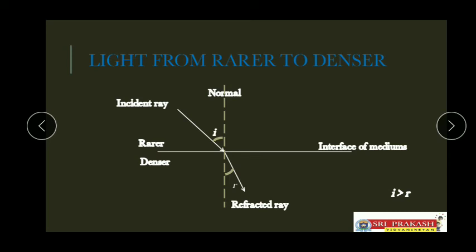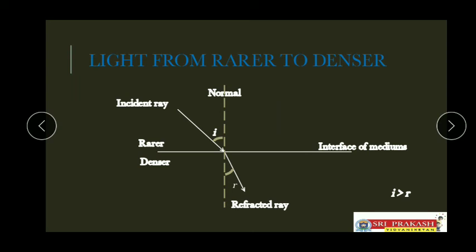Here, if you see, the incident ray does not continue in the same way. The angle of incidence is I and the angle of refraction is R, and the angle of refraction is smaller than the angle of incidence, which means the light ray bent towards the normal.